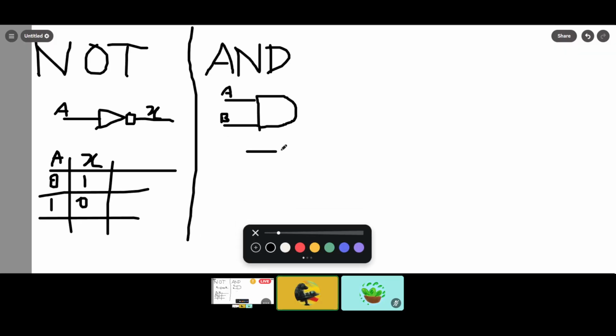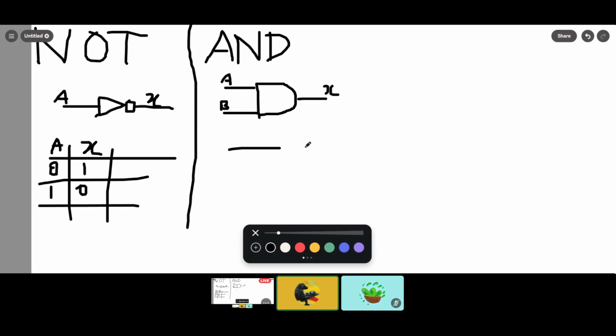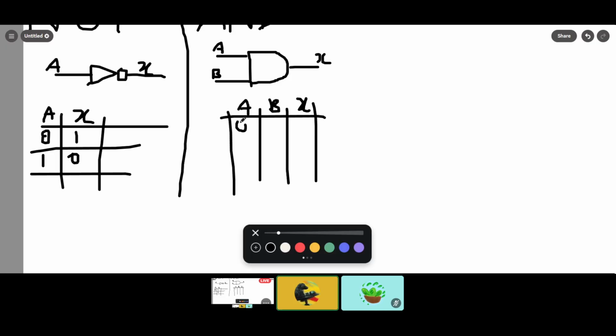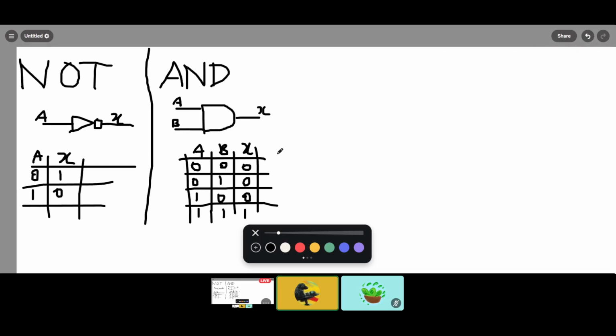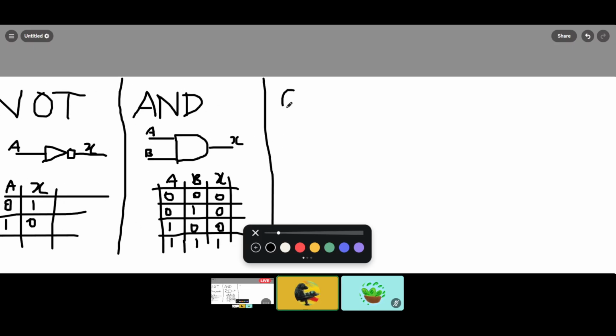It's kind of like a bar and then the letter U. It has 1 output, and the truth table for this is like this: A, B, X. The condition for the AND gate output is that both A and B must be 1 for the output to be 1. For the rest of these, it's just 0. That's the AND gate.